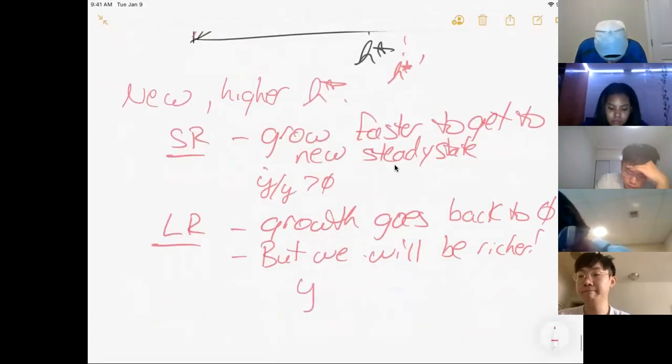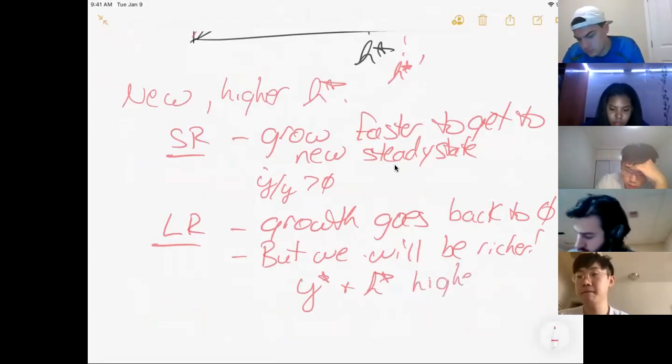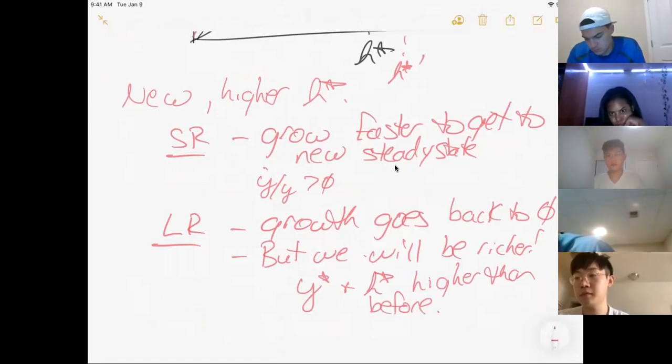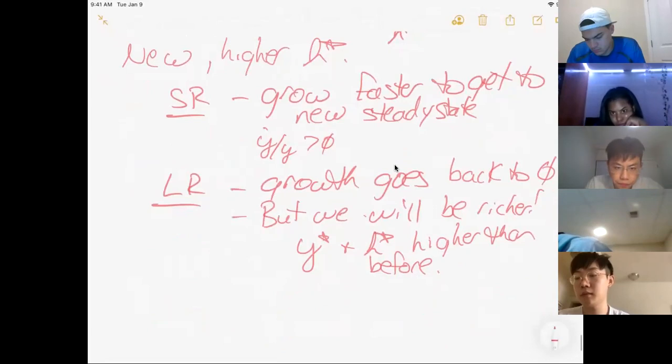In other words, the level of steady state output and steady state capital is higher than before. So the Solow model predicts that countries that save more should grow faster in the short run, and they should be richer in the long run.